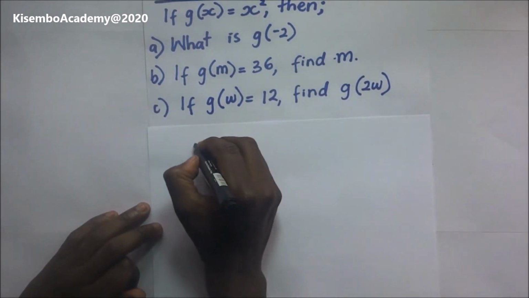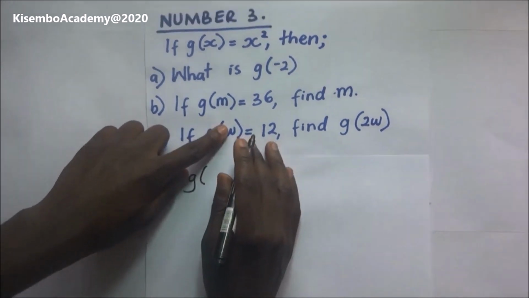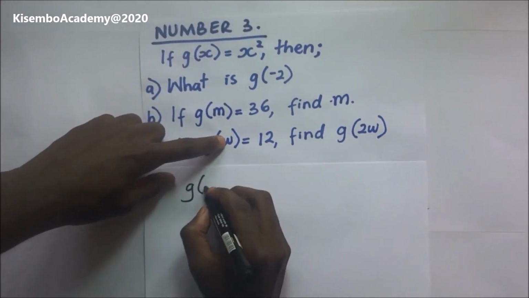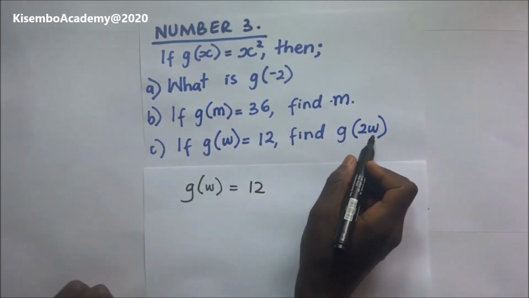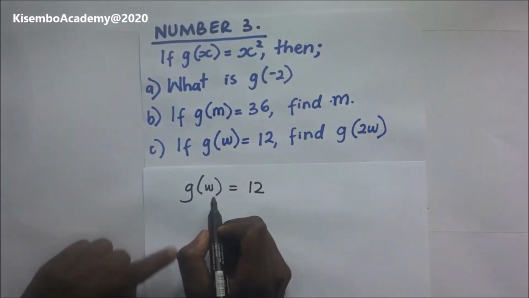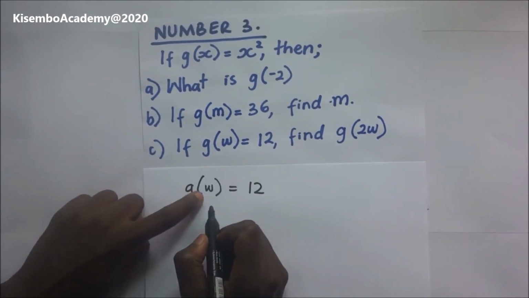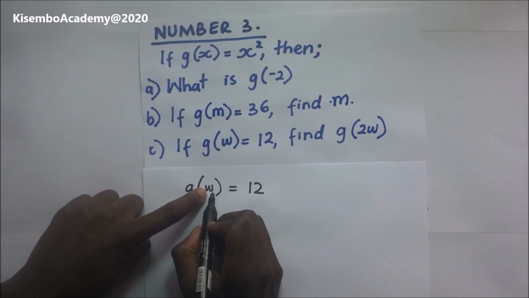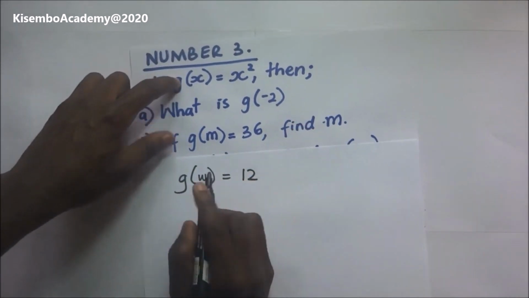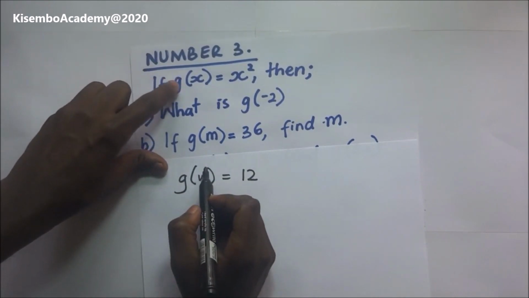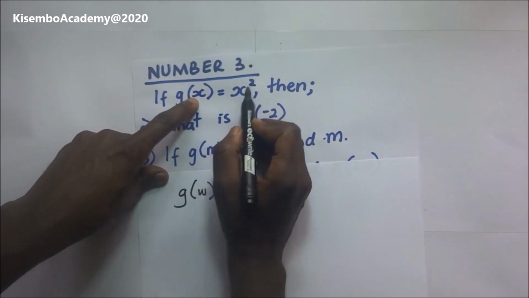Again, now g, where the value of x has become w, is equal to 12. Find g of 2w. So g of w is equal to 12. First of all, we seek to find the value of w. Originally the variable was x, and g of x gives us x squared.